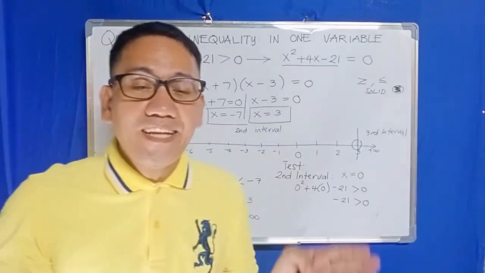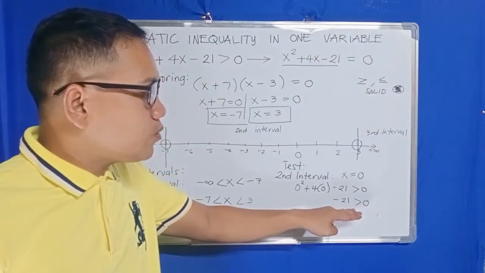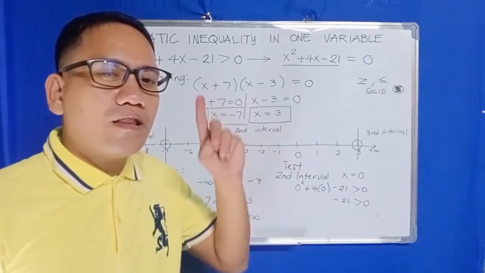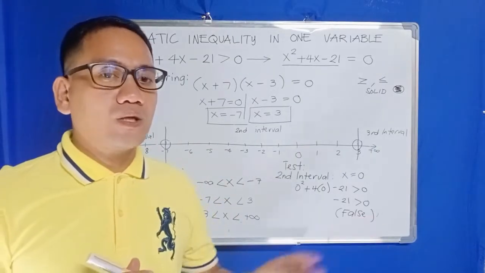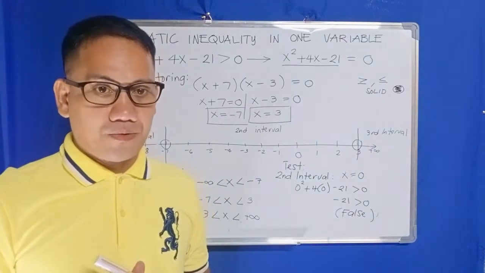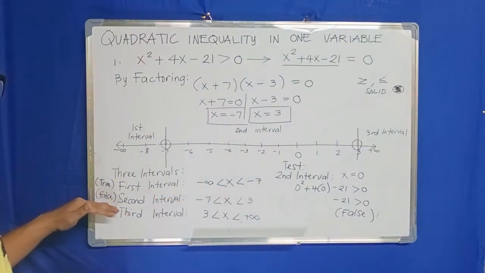Of course, any negative number is less than 0. In this case, negative 21 is not greater than 0, so this idea is considered to be a false statement. This time, let's label our second interval false.